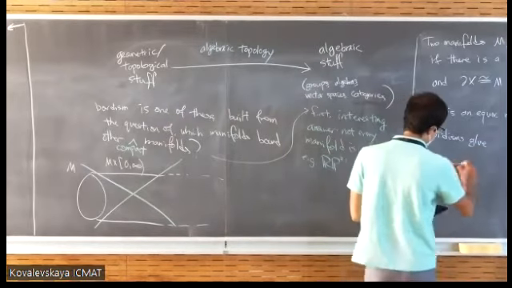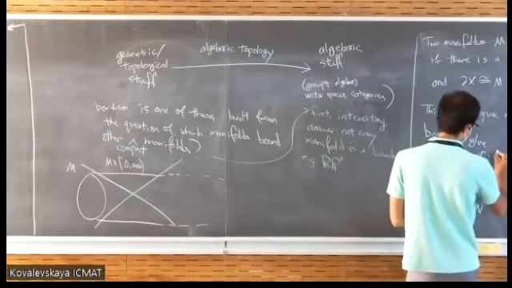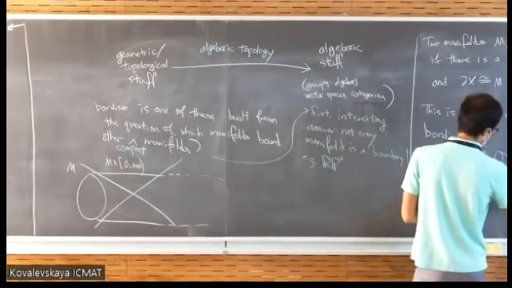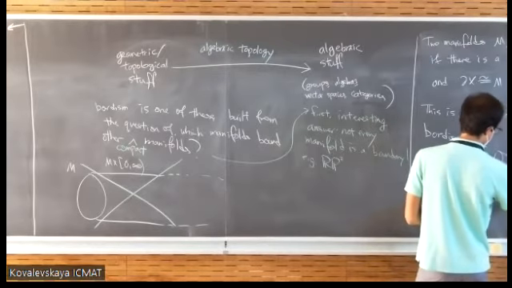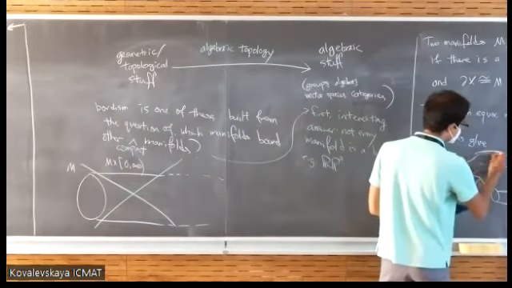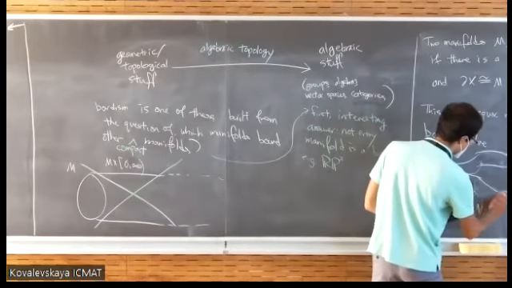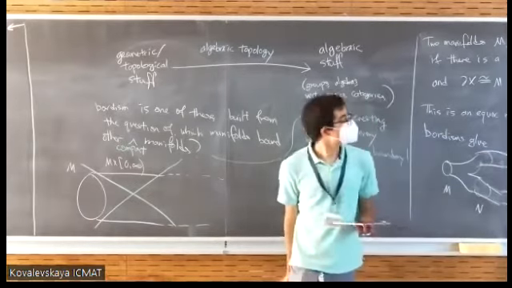So here's a bordism from M to N, and then here's a bordism from N to P. Well, what can I do? I can just smush them together, and I've got a bordism from M to P.